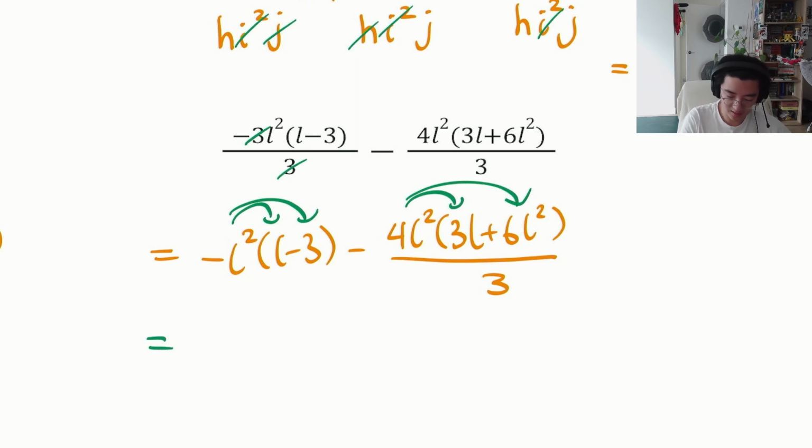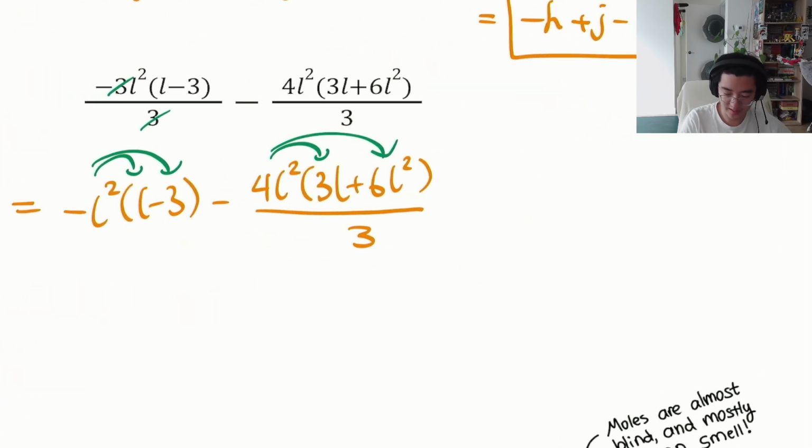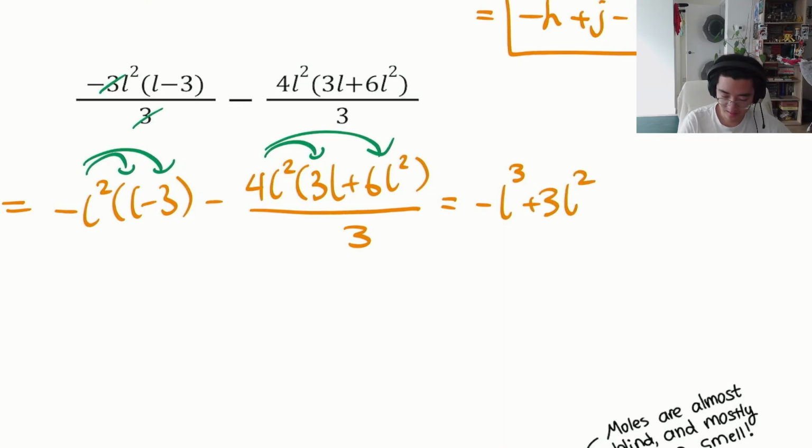So the first part, we'll need a bit more space here, is negative L cubed plus L squared. Straightforward. But notice how for our fraction now, we actually have minus 12L cubed minus 24L to the power 4.